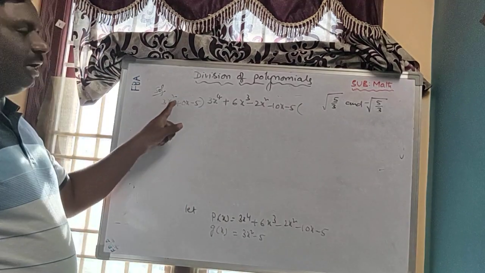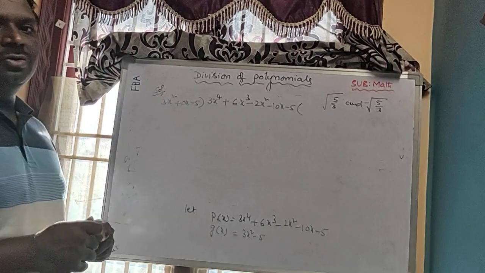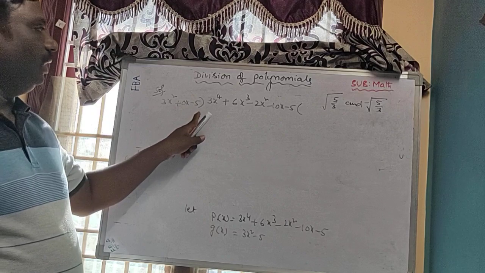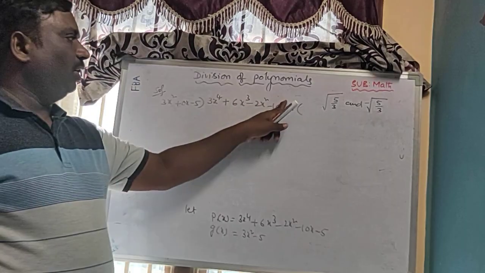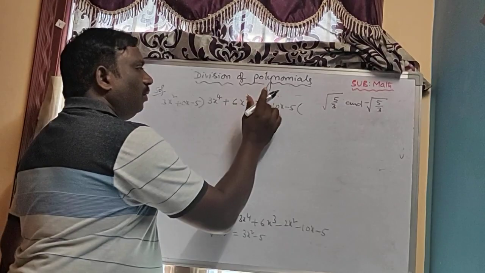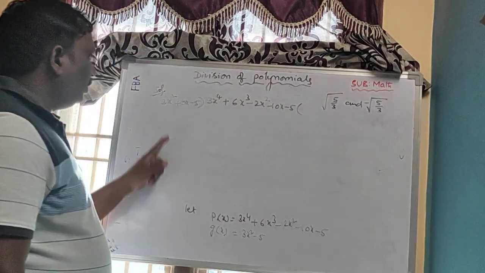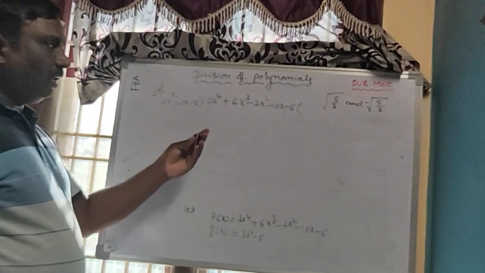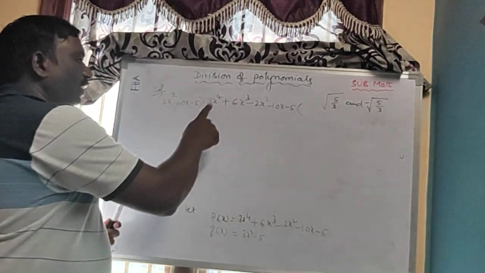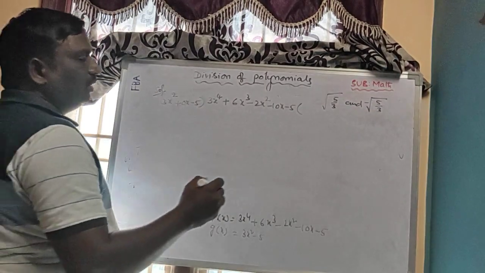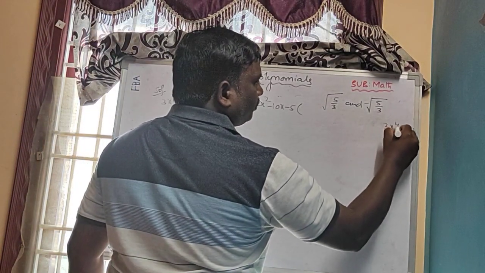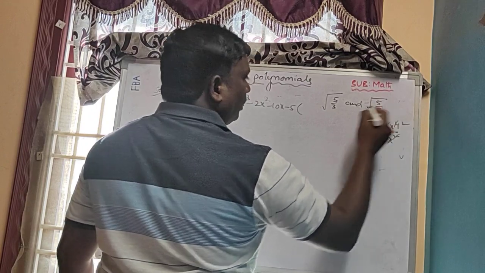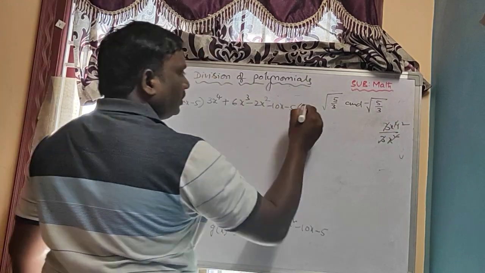Already I said that when you write the polynomial, you have to verify that the degrees of the variable are in descending order: 4, 3, 2, 1, 0. So do the normal division. How to do the division? 3x power 4 by 3x square: 3 and 3 cancel, giving x square. Your quotient term is x square.